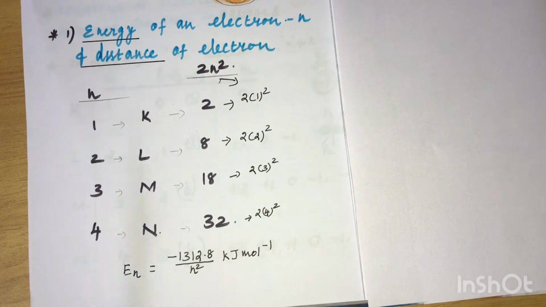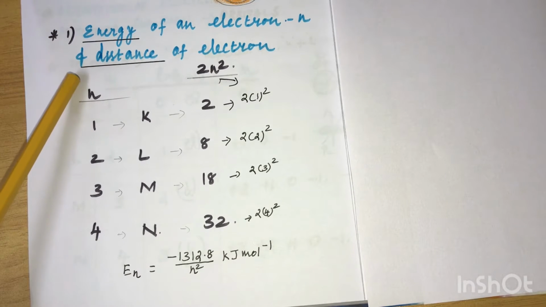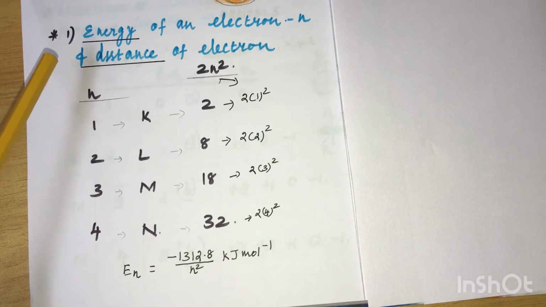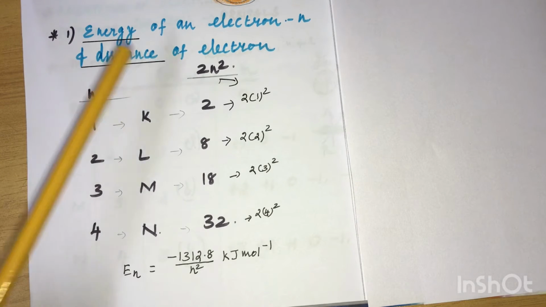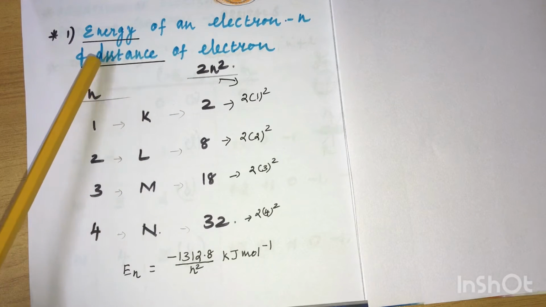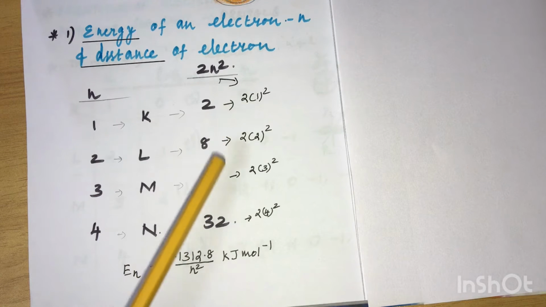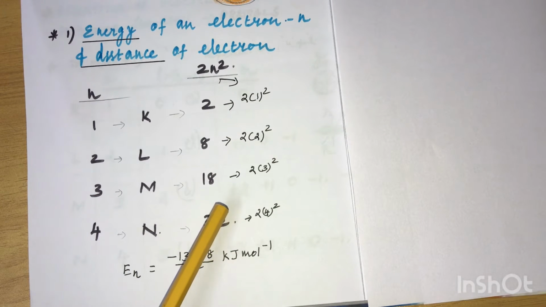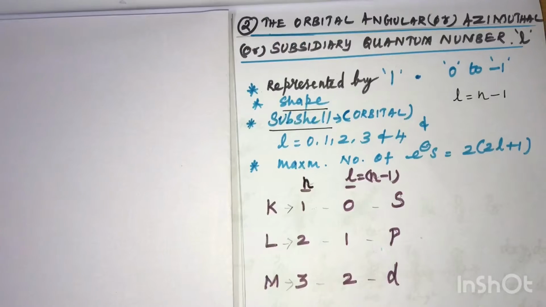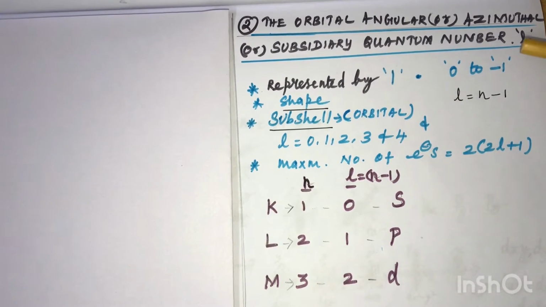So the principal quantum number tells us the energy of the electron, the electron present in what main energy level, and the number of electrons in each energy level can be calculated by using the formula.